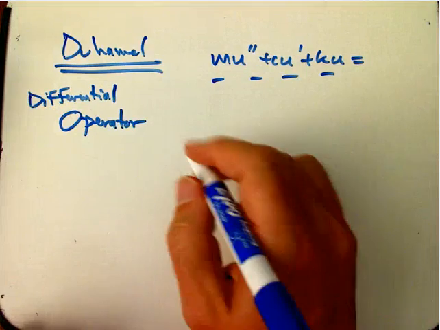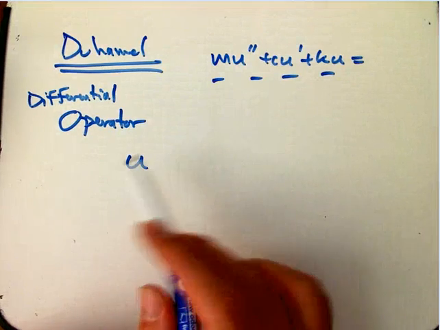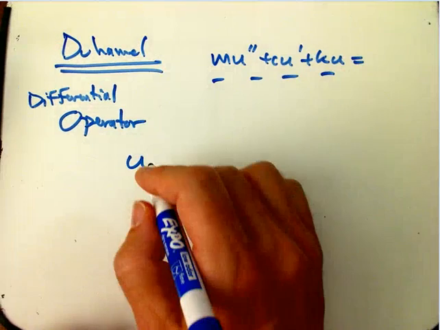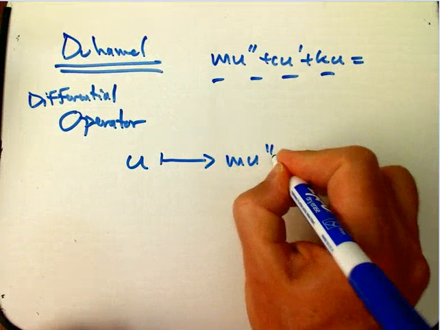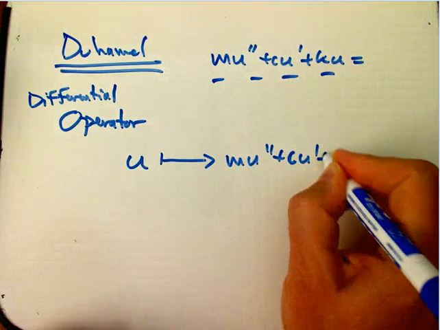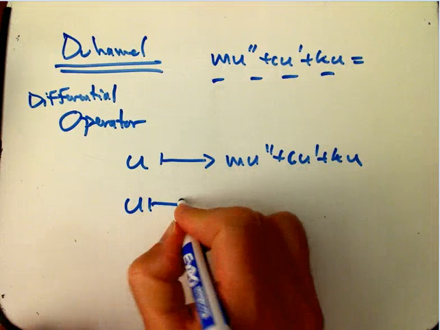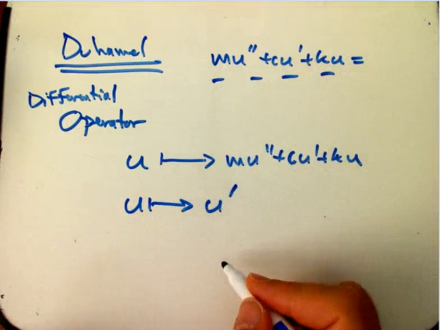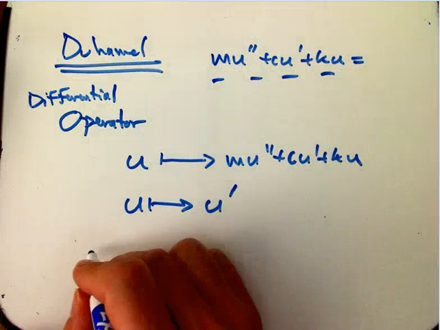Okay, and that's just what happens when I take anything, function or distribution, doesn't matter, and put it in the machine that outputs something like this. The simplest gadget like that would be: take u and I output u prime. So I want a name for that gadget. Now the cool thing, there's a level of sophistication here.